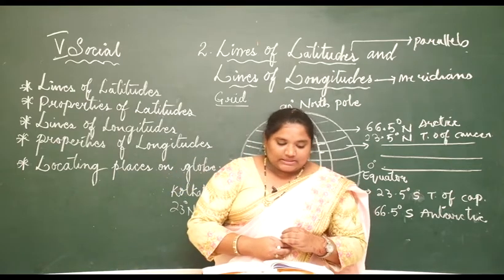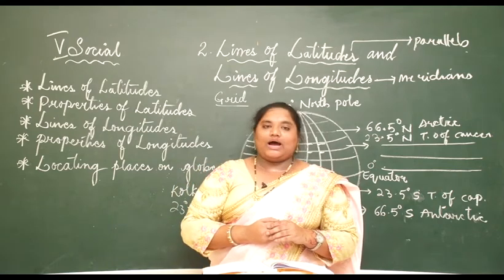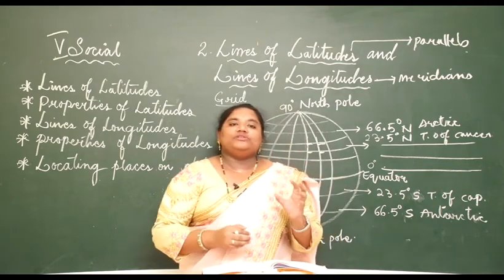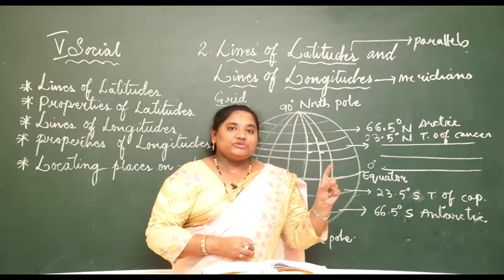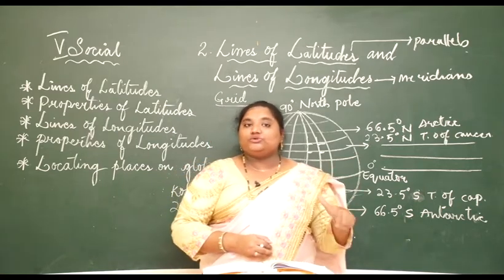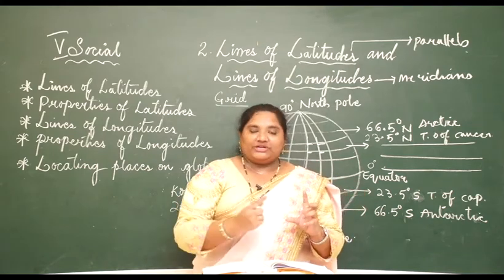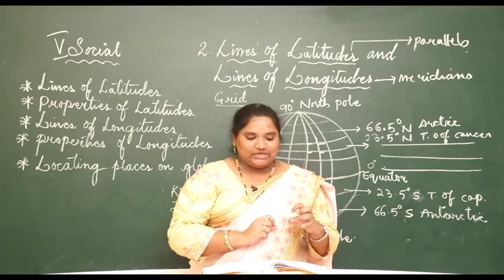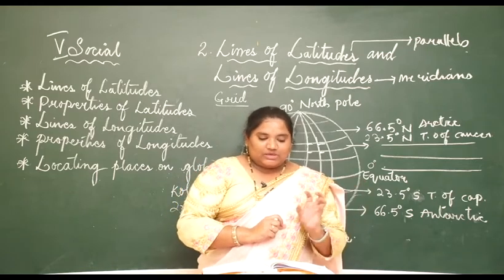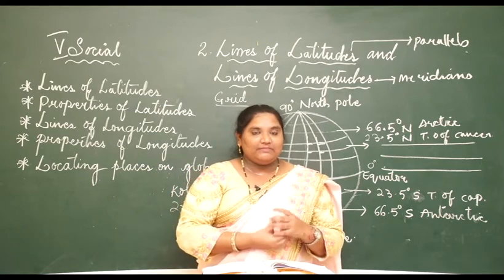We know that Earth takes about 24 hours, or 1440 minutes, since 1 hour makes 60 minutes, to complete one rotation. One rotation is equal to 360 degrees. So it covers a time of 4 minutes per degree.